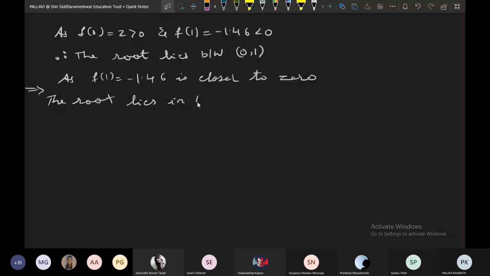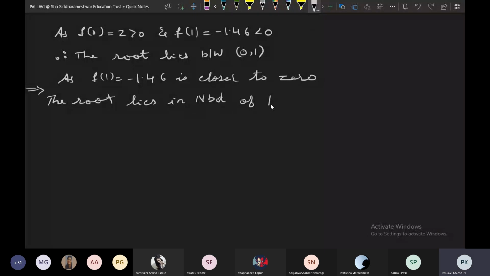In the neighborhood of 0 or 1? It lies in the neighborhood of 1, as f of 1, 1.46, is closer to 0. So we say the root lies in the neighborhood of 1.